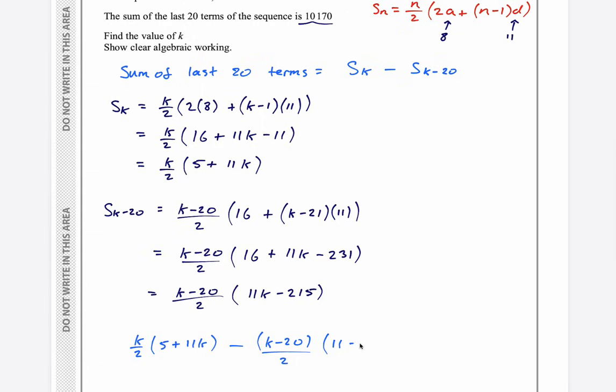Okay, minus this is equal to, because he tells us the sum is equal to 10,170. 10,170. And now, as horrible as this looks, sorry, there's a k there, guys, I nearly missed. 11k. At least I have an equation that I need to solve, right?